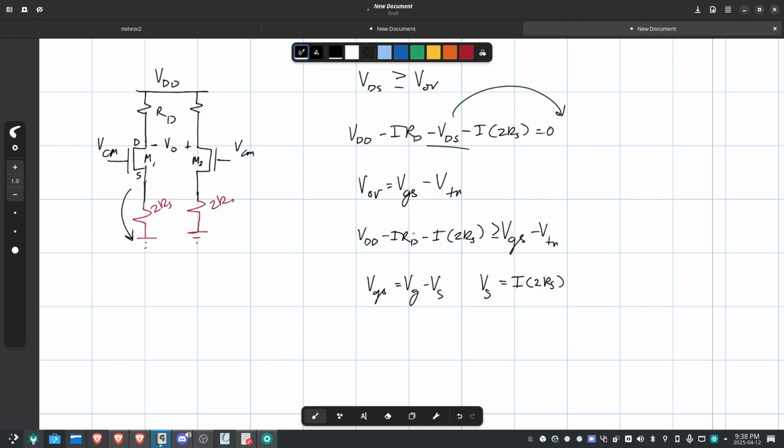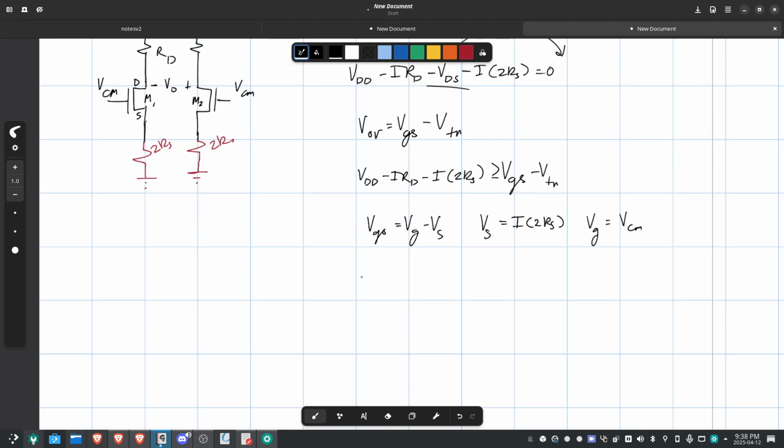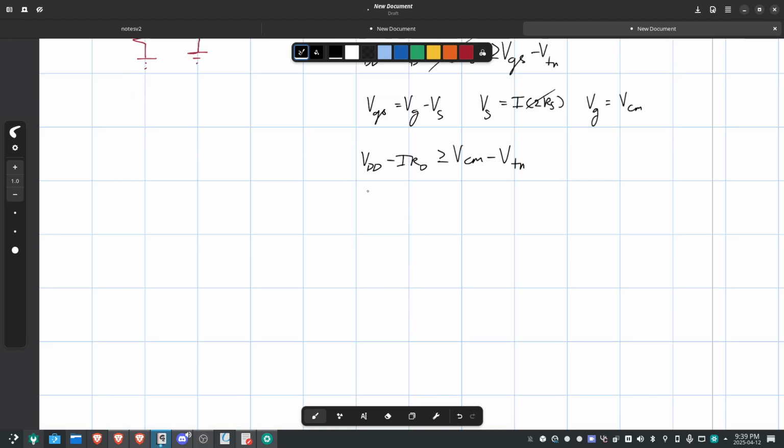And VG is just VCM. So now we can substitute that in further. VDD minus IRD, these two cancel out, so you end up with VDD minus IRD greater than or equal to VCM minus VTN. Now we isolate for VCM. We get VDD minus IRD plus VTN greater than or equal to VCM.